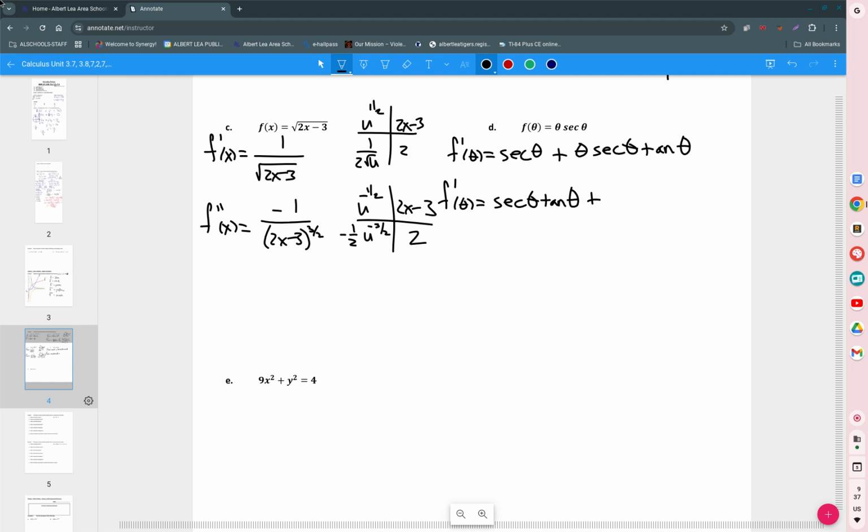No chain rule. Only the product, twice. Oh, nice. It says times and times, product rule twice. I'm going to, for the sake of this problem, call theta f, and I'm going to call secant of theta times tangent of theta, I'm going to call that g. And so I have the derivative of theta is 1 times secant of theta times tangent of theta.